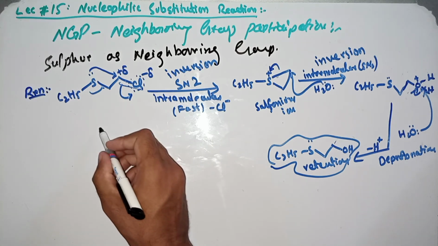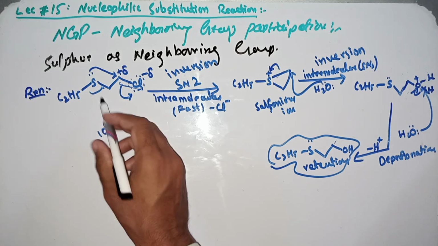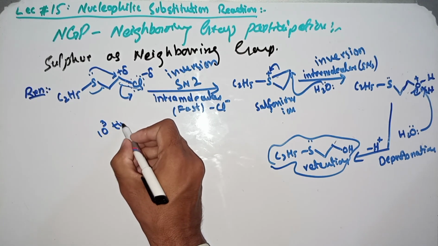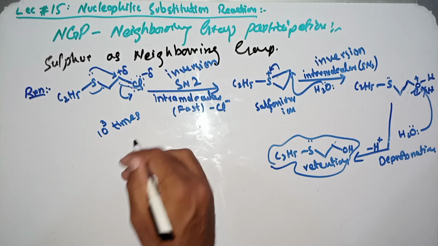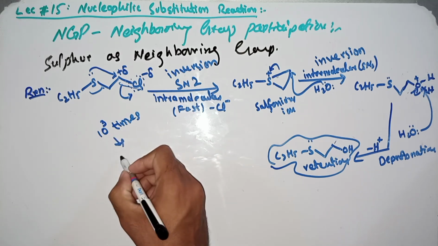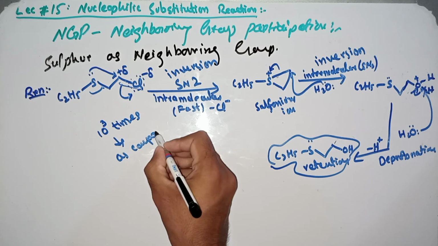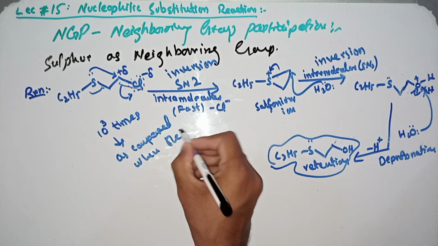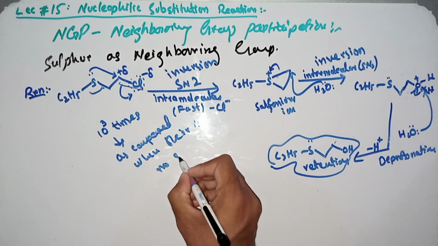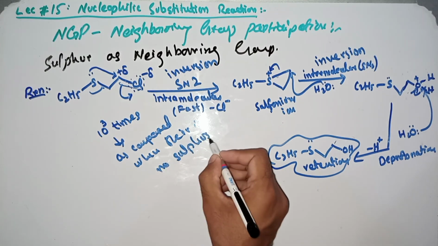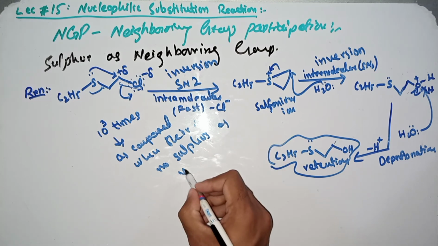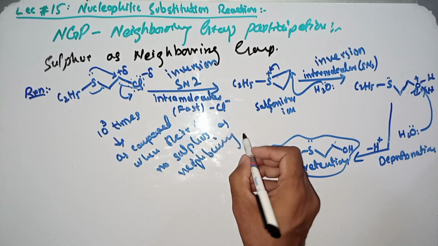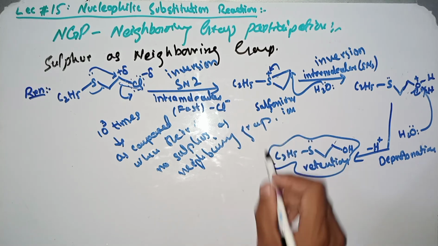When sulfur is a neighboring group, it increases the speed of the reaction almost 10 to the power 3 times, as compared to when there is no sulfur atom attached as a neighboring group. I hope the point is clear.